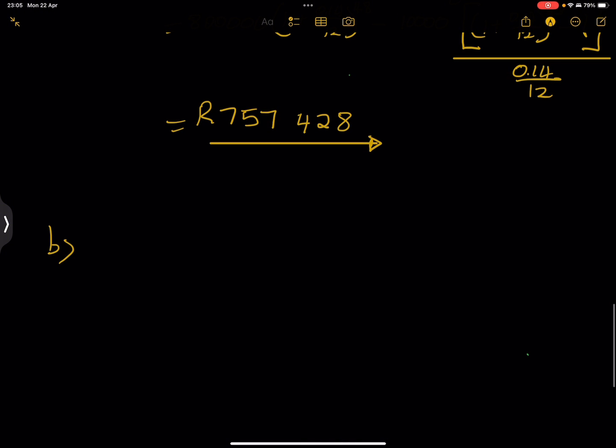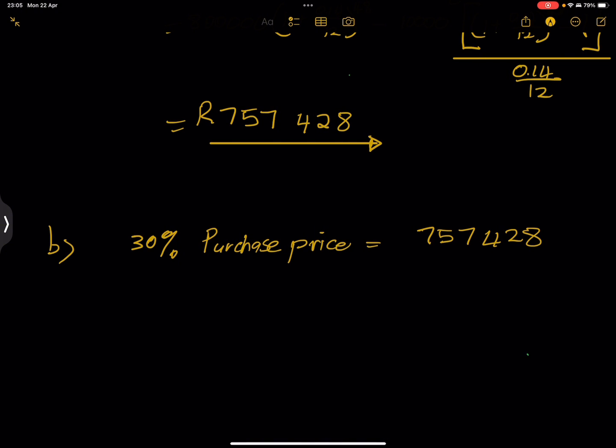Remember, 30% of the purchase price will be equal to 757,428. What is 30%? That's 30 over 100, which is 0.3, multiplied by the purchase price. So to get the purchase price, I will divide by 0.3 on either side.